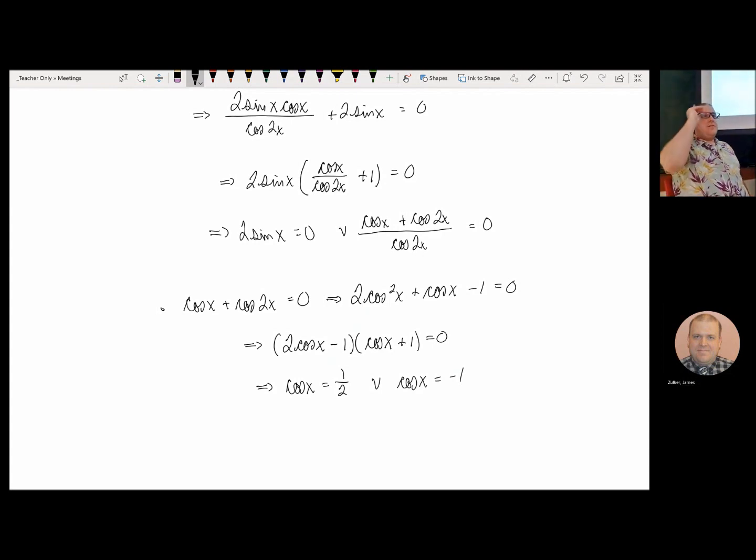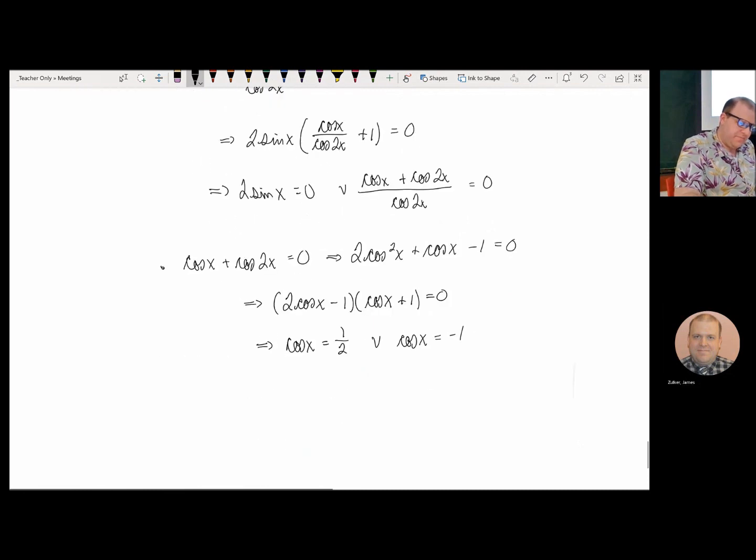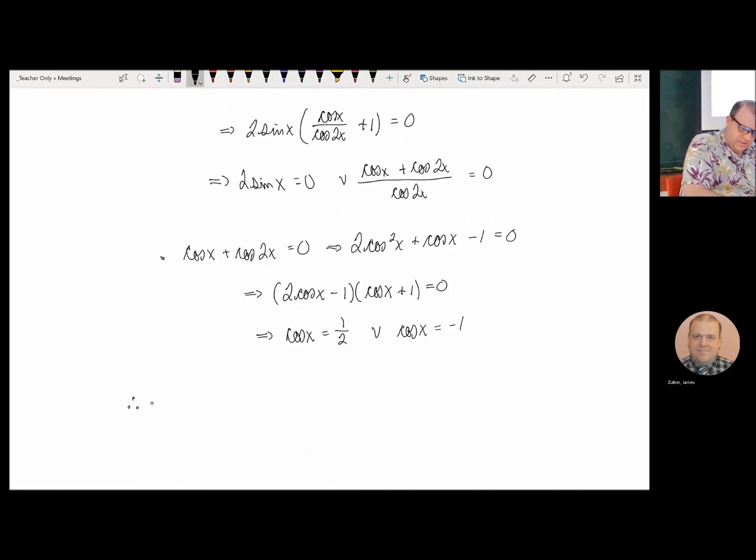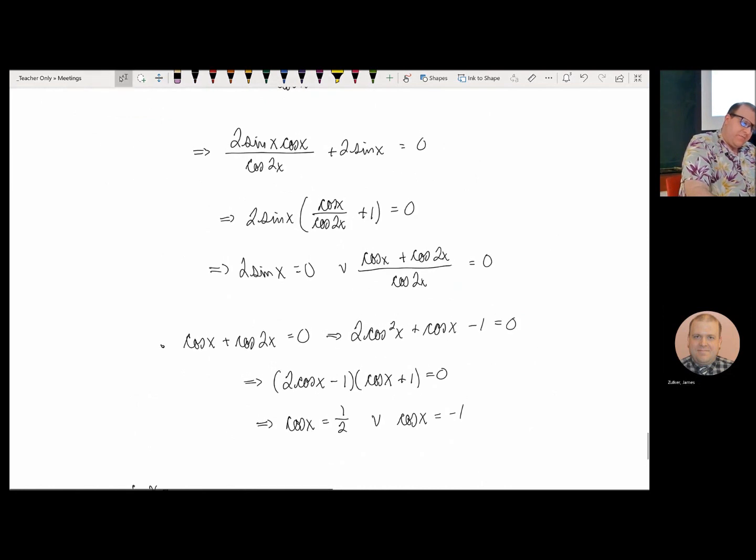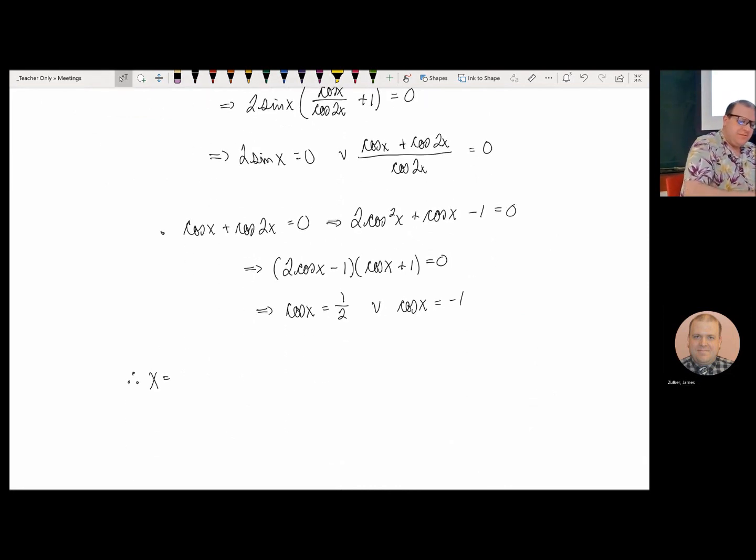Which is good, by the way. We weren't allowed to have x being any odd multiple of pi over 4, because that would have given us cosine of 2x being 0. Where is sine of x 0?